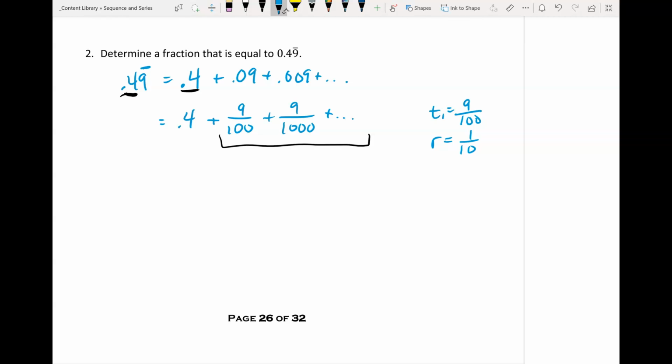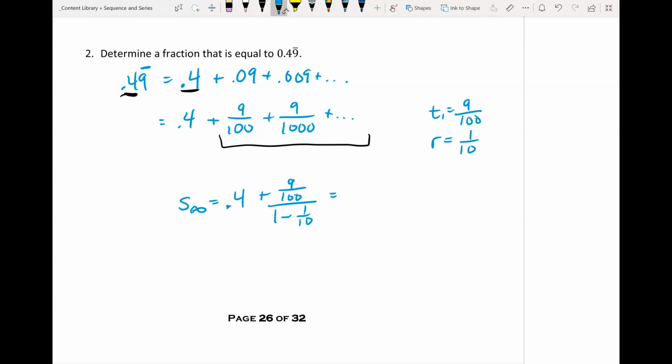So if that's the case, I can find the sum of this series by taking, well, I'm going to leave 0.4 alone because that doesn't change, but I can rewrite this with the formula as T1 over 1 minus r. So T1 in this case is 9 over 100, over 1 minus r, and r is 1 over 10.